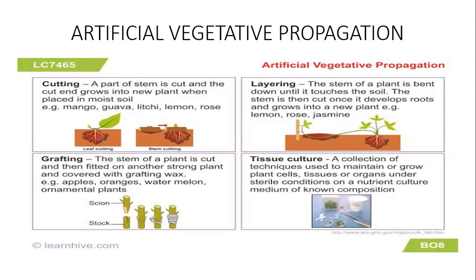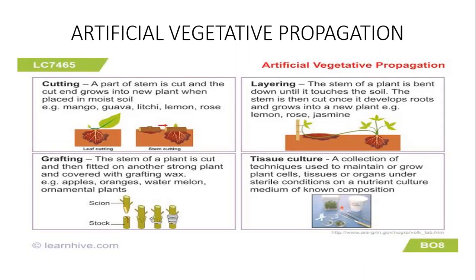What happens in cutting? A part of stem is cut and the cut end grows into a new plant when grown in the moist soil. Example, mango, guava, lychee, lemon, etc.